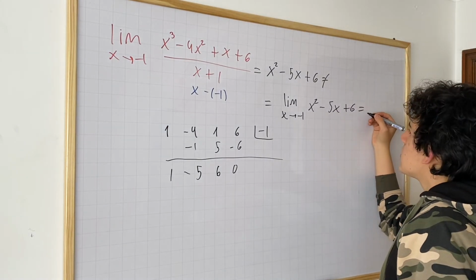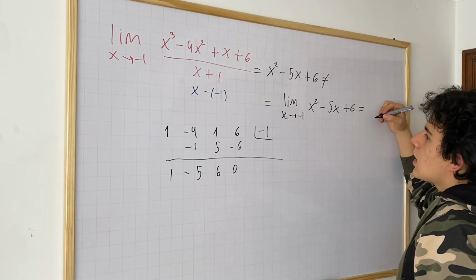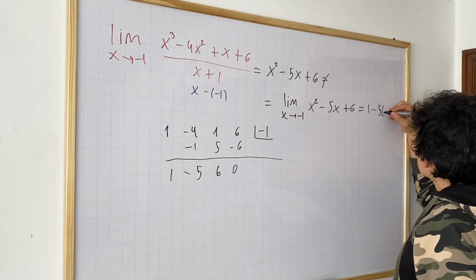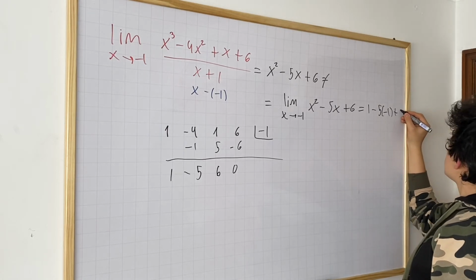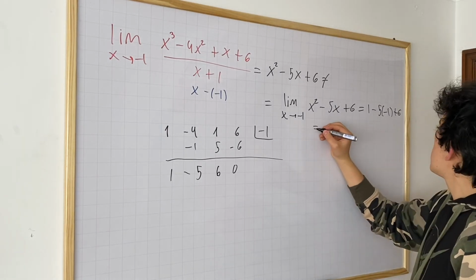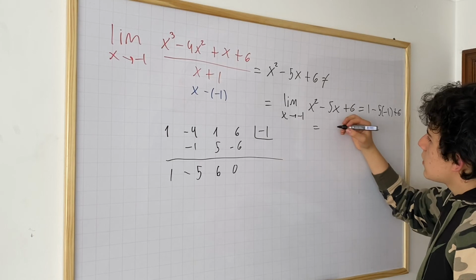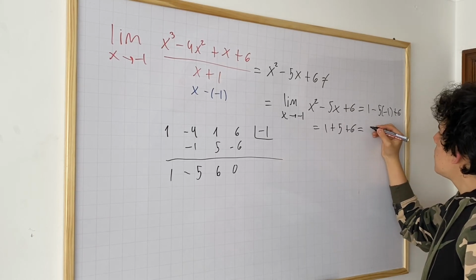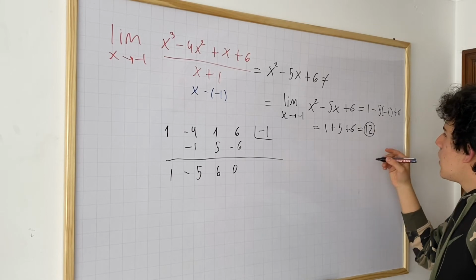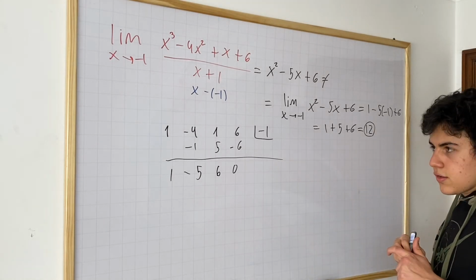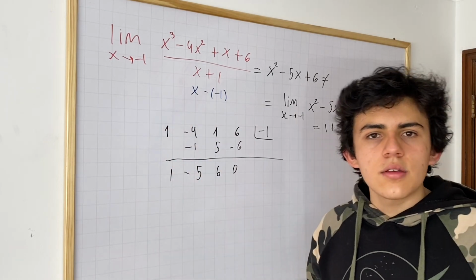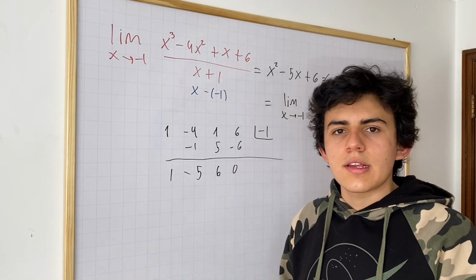This would be equal to -1 squared, that is 1, minus 5 times -1, plus 6. It's going to be 1 plus 5 plus 6. This is going to be 12. So you should have gotten this answer if you evaluated this limit correctly.